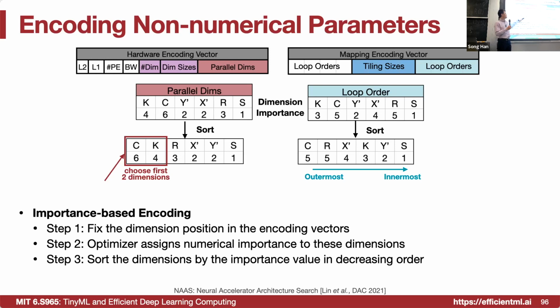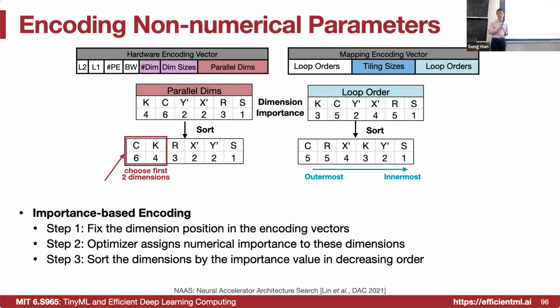So we choose the first two dimensions to parallelize as the outer loop, or parallelize in space. And also we can choose the loop order. The most important dimension is the outermost, since we want it to have the best locality and prevent swapping, versus the least important, which we put in the inner loop.